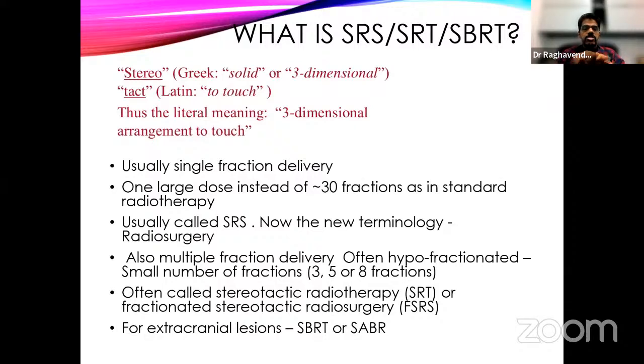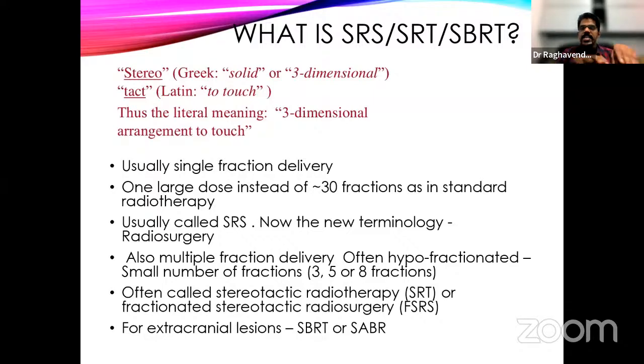Stereotactic radiosurgery and stereotactic radiotherapy are differentiated based on the number of fractions. If it is a single fraction, we call it surgery. If the number of fractions is more than one, usually 3, 5, or 8, that is fractionated radiosurgery, and we call it stereotactic radiotherapy.